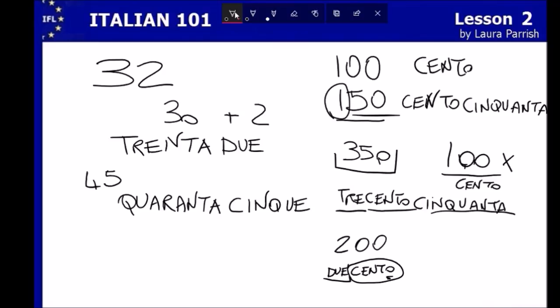In Italian, you just add, for example, 325, okay? It is 300. This 100 doesn't have the plural. It doesn't matter if it's 100 or 500 or 900. It always stays 100. So 300 and then the number 20, 25, 325.